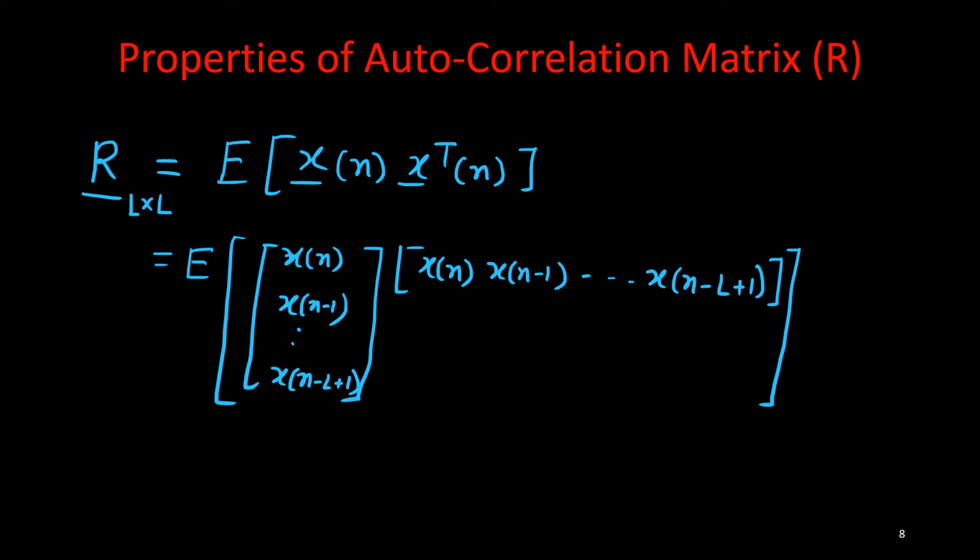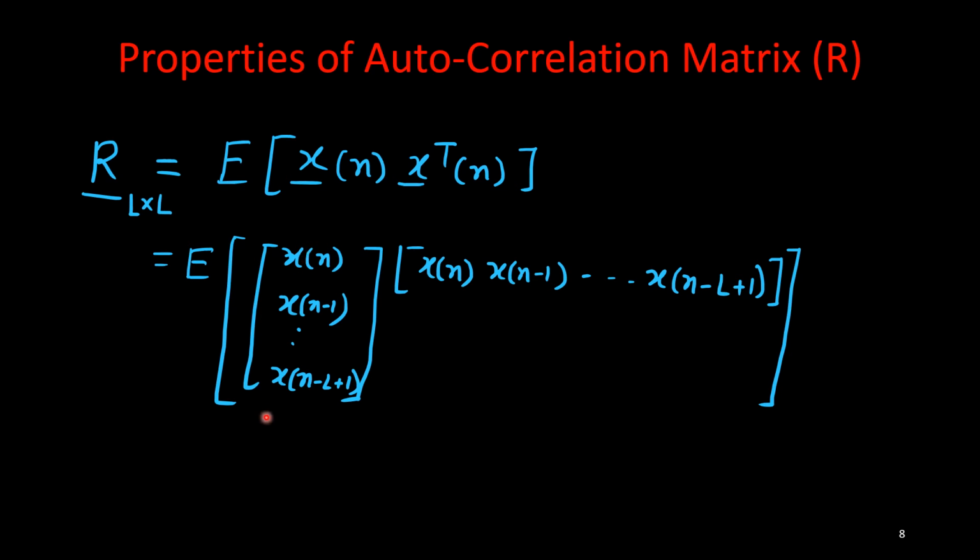If I consider the system length to be capital L, this regressor vector is of size L cross 1. This is a column vector, the xn regressor vector: xn, xn minus 1, xn minus 2, up to x of n minus L plus 1.